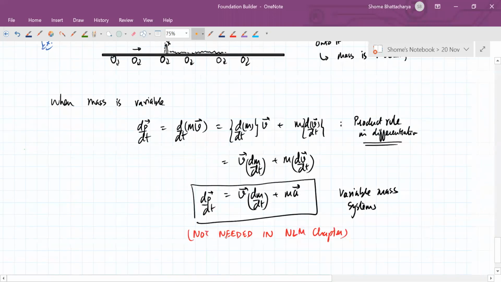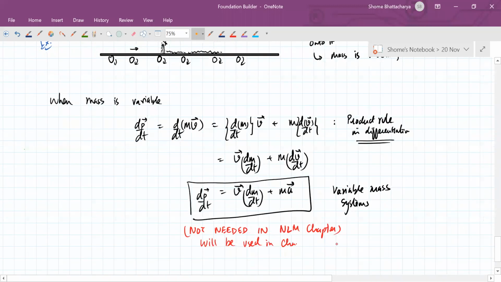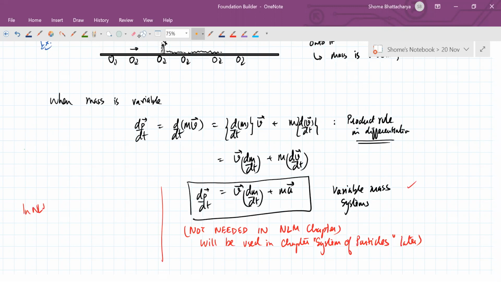It will be used in the chapter system of particles later. It is just a general sort of precursor. In Newton's laws of motion chapter, we'll always deal with rigid bodies. So mass is constant.